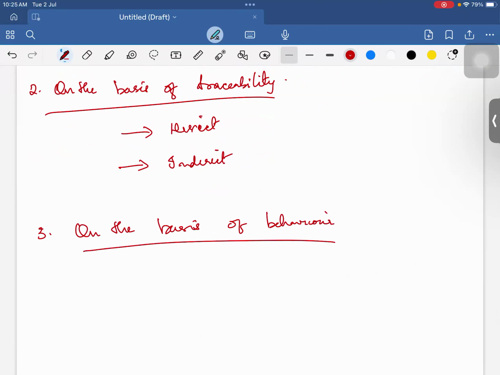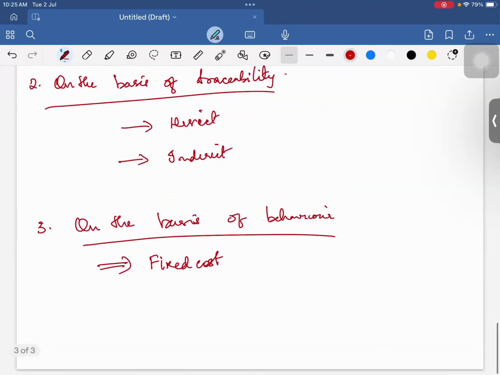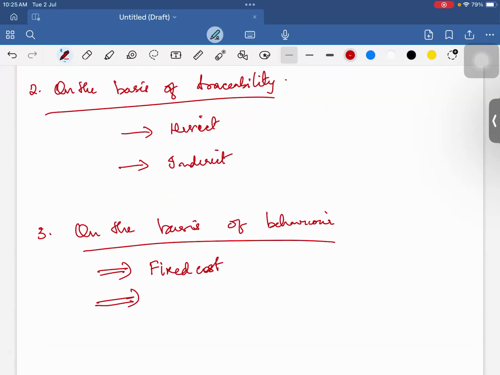We have certain cost that is going to be same regardless of the number of output, and that is called fixed cost. Now suppose your cost changes with changes in input, then that is called variable cost. That is, it varies from number of units used or number of labors used.